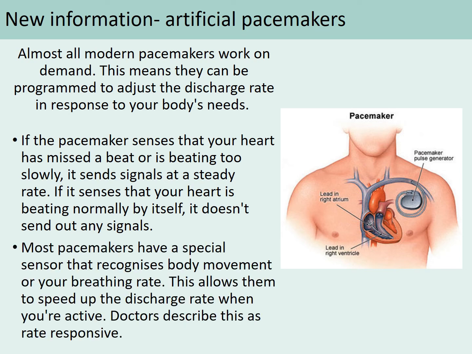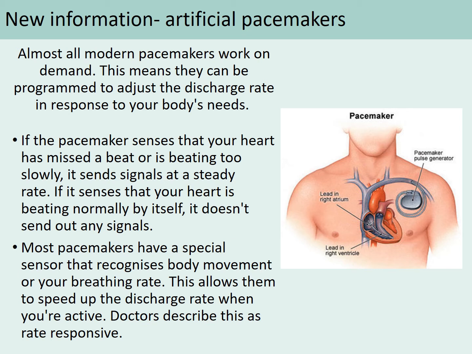Now, if your heart isn't beating irregularly, then nothing happens. It's only happening when the sensor senses that the heart is beating irregularly. Okay, so that is how artificial pacemakers work.